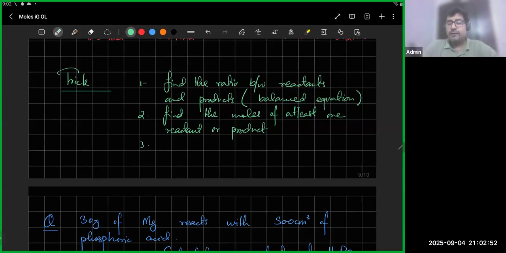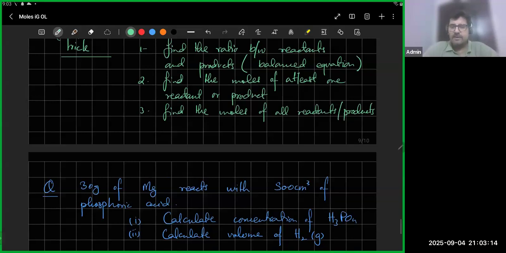Third thing, if you know the moles of any one of the things, you find the moles of all the things. Actually, you don't need to find the moles of all reactants. You only find the one that's asked, right? Why would you waste time finding the moles of all reactants?